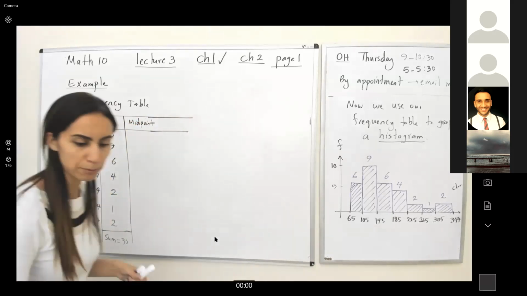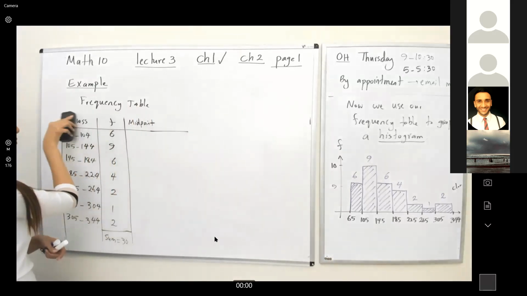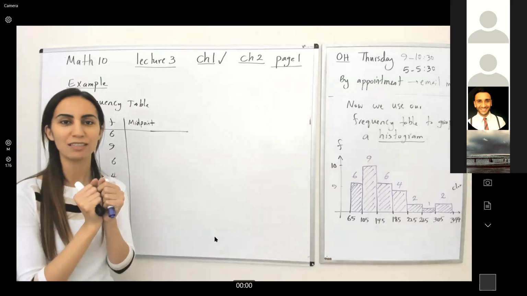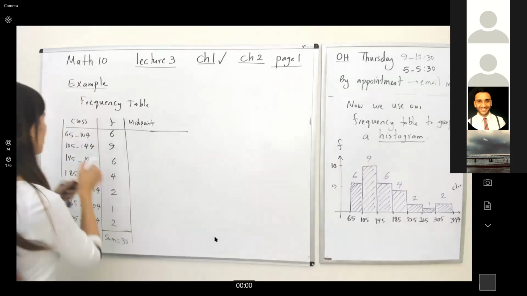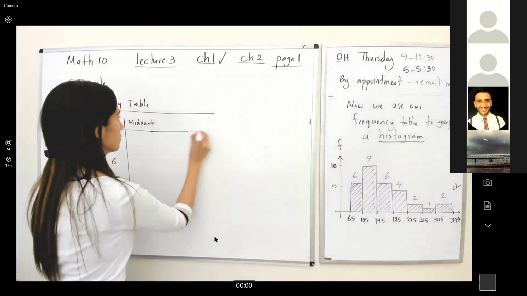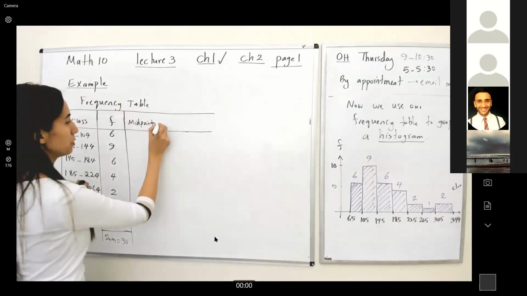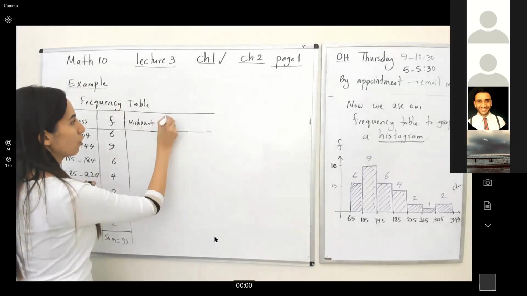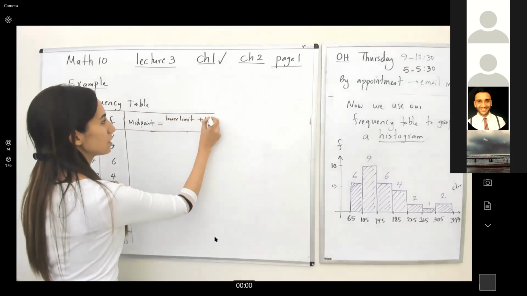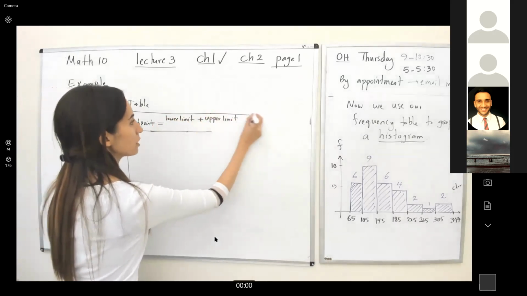To find the midpoint of a class, we take the lower limit and upper limit of each class, add them together, and divide by 2. Midpoint equals lower limit plus upper limit, divided by 2.